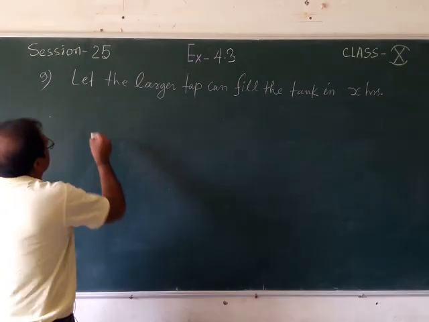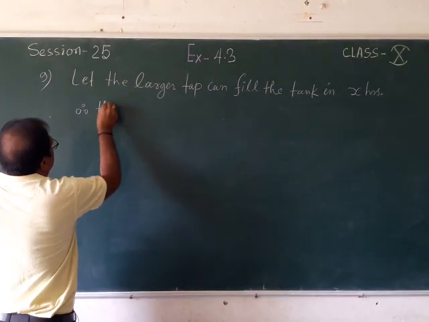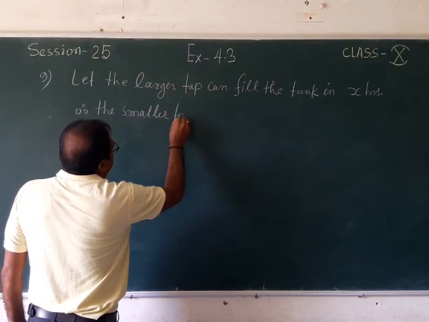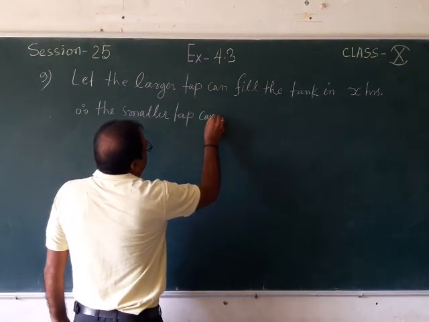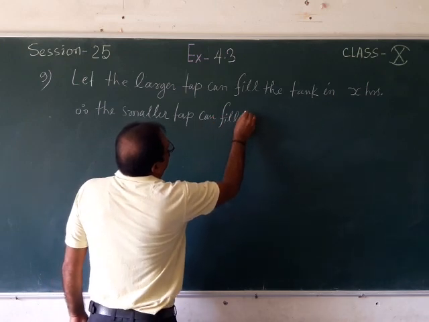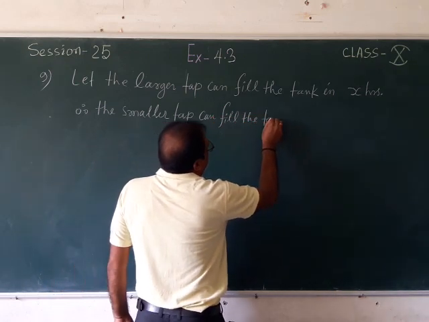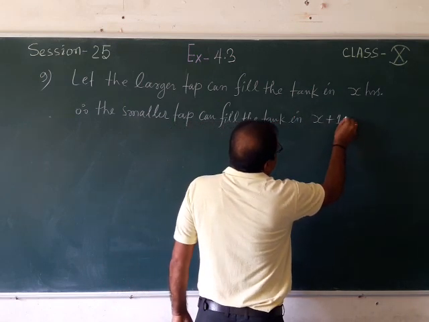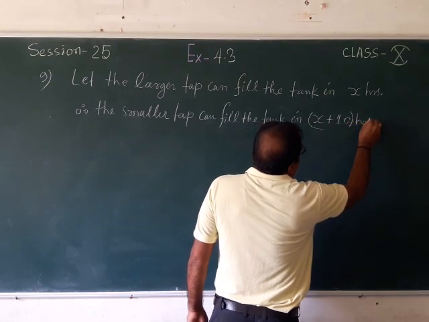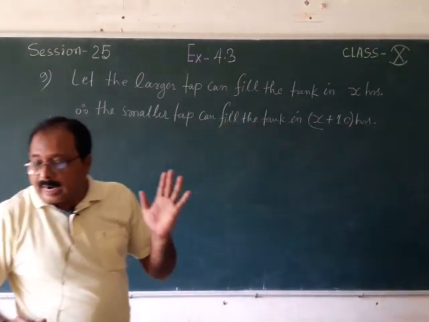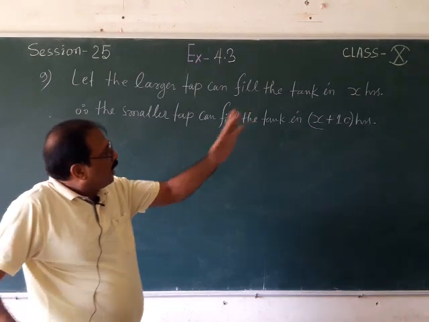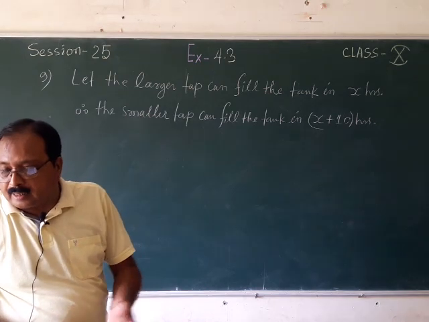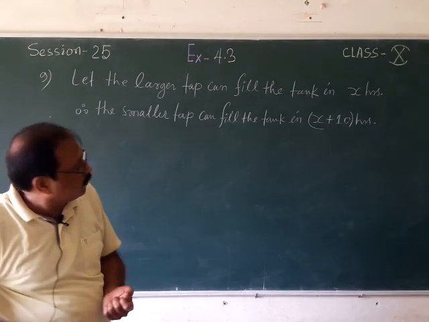Therefore, the smaller tap can fill the tank in x plus 10 hours. So, if the larger tap is filling that tank in x hours, then the smaller tap is filling it in x plus 10 hours. It is taking 10 hours more than the larger tap.